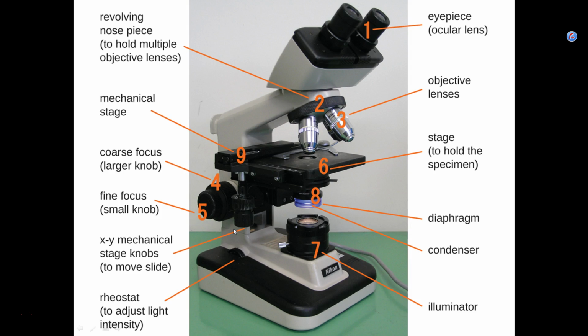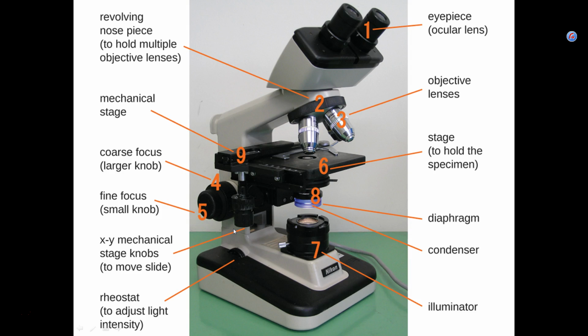So you start with the scanning objective, which is 4x, okay? And you find whatever you want to look at, and you use coarse focus to bring it into focus. Then you change to the next objective, which is going to be 10x. So total magnification will be 100.